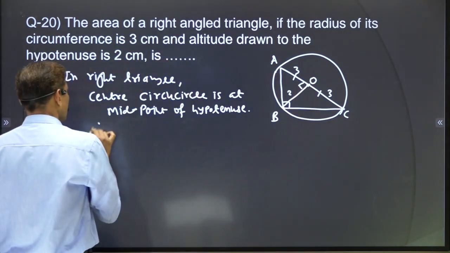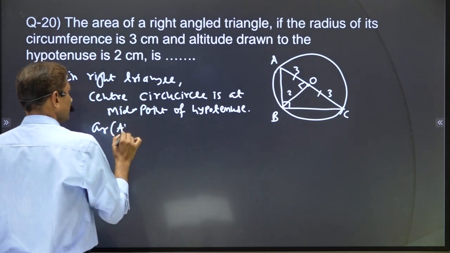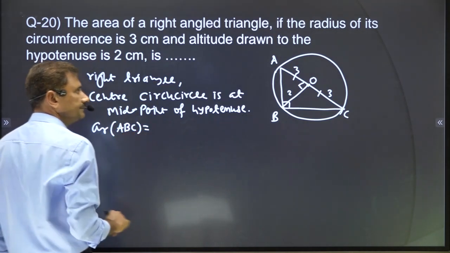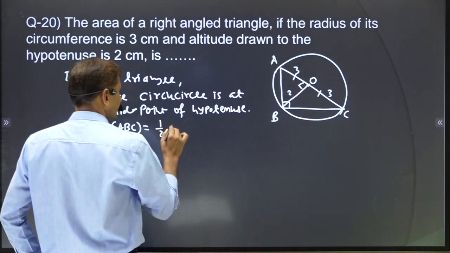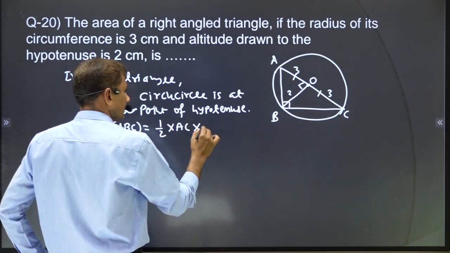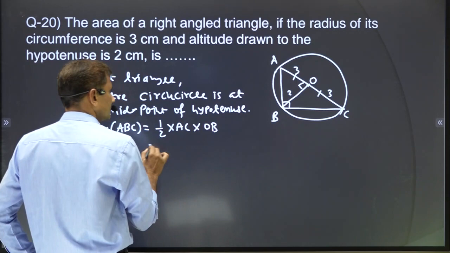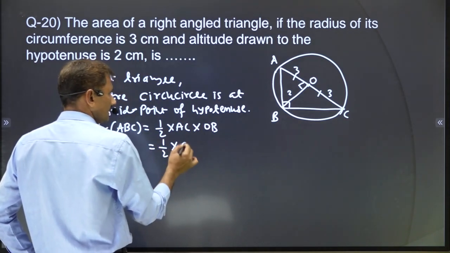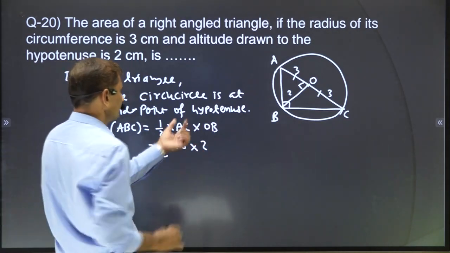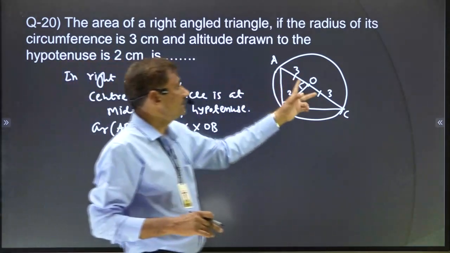So now write area of triangle ABC equal to half into base, taken AC, and altitude is OB. So half into 6 here, and into 2.